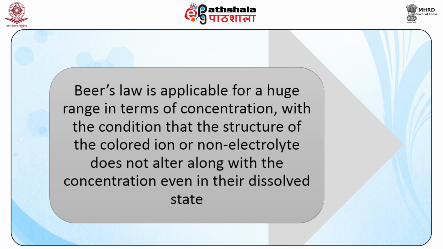Beer's law is applicable for a huge range in terms of concentration, with the condition that the structure of the colored ion or non-electrolyte does not alter along with the concentration, even in their dissolved state.